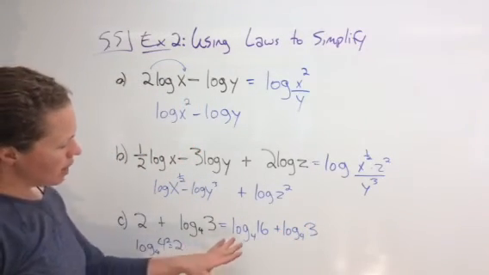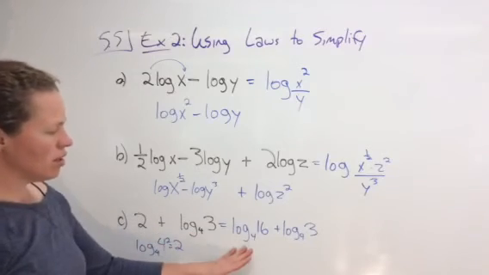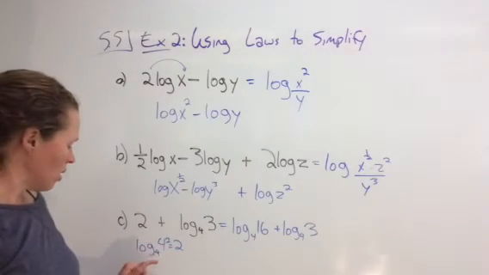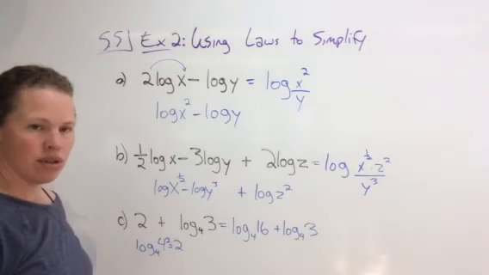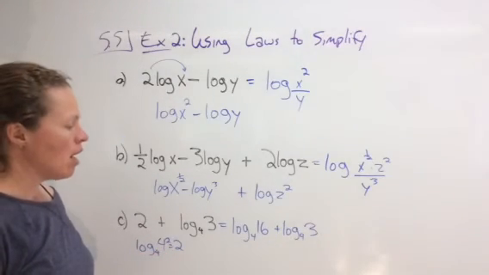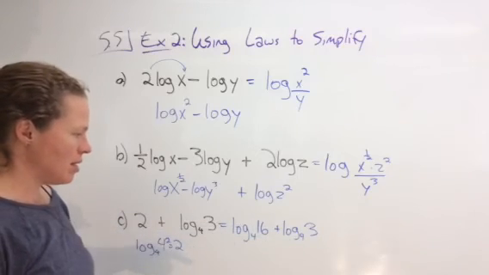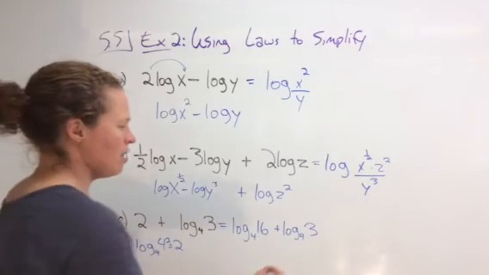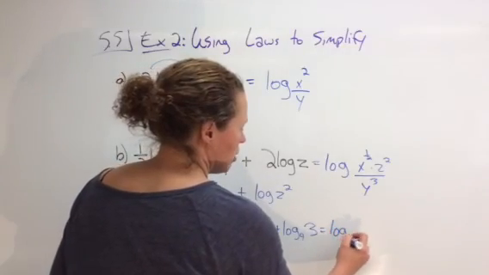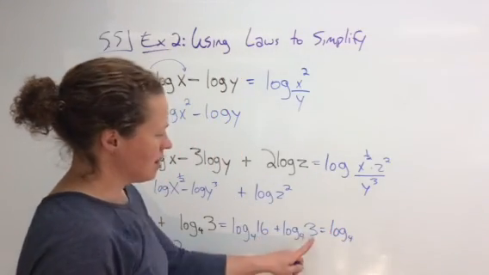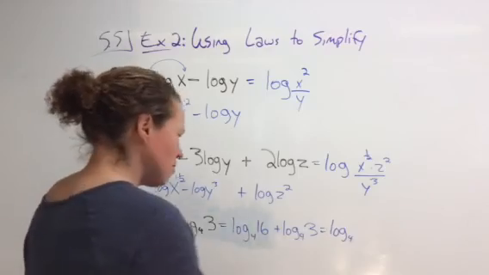So I have made this 2 into a log base 4 because log base 4 of 4 squared equals 2, just following the pattern. And now I have 2 logarithms that have the same bases, and I can simplify them into one expression, which would be log base 4, 16 times 3, which gives me 48.